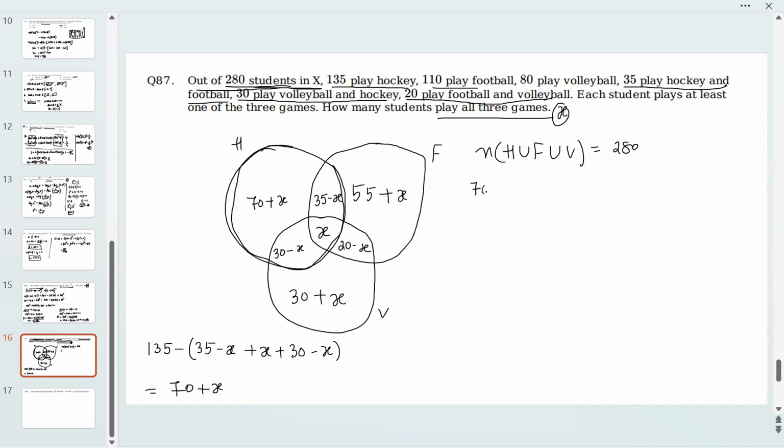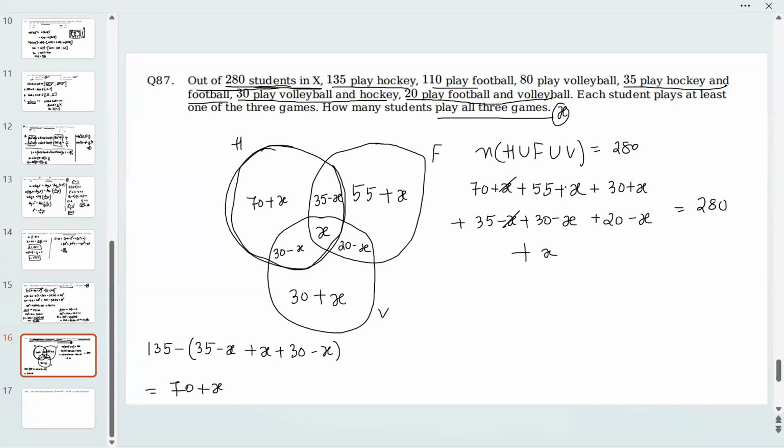We'll add 70 plus x plus 55 plus x plus 30 plus x, with 35 minus x plus 30 minus x plus 20 minus x. And lastly, we need to add plus x. This all is equal to 280.